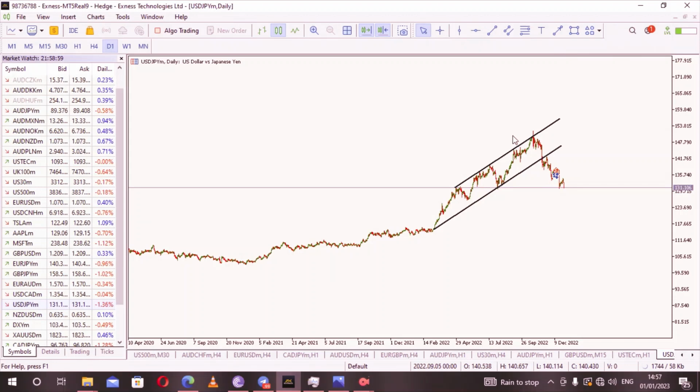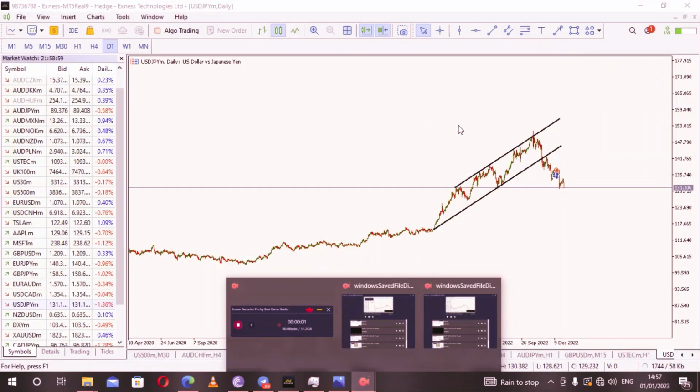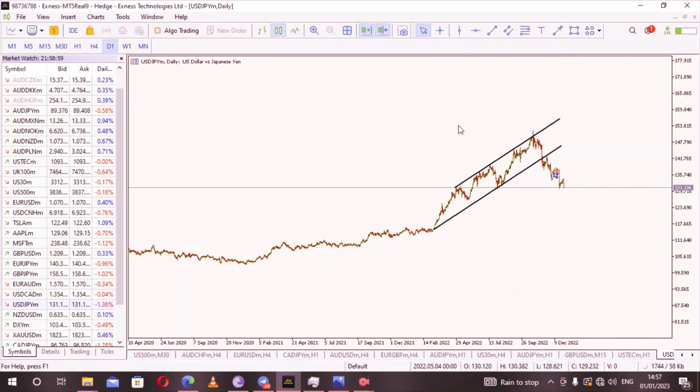Inside of these channels, we also have other structures building inside the structure that we are looking at from a bigger time frame, because in this instance we are using a daily time frame. So we're going to focus right now on the persistent trend that is going on.